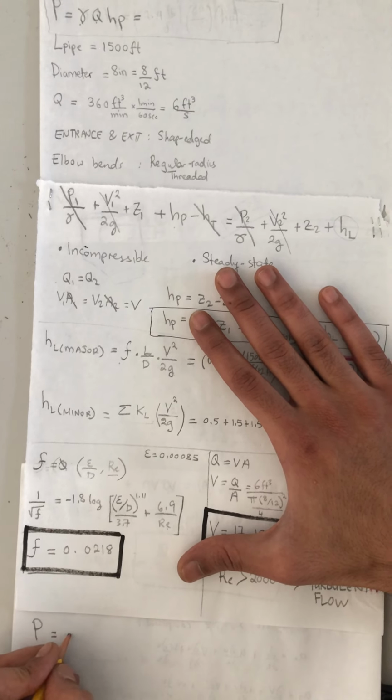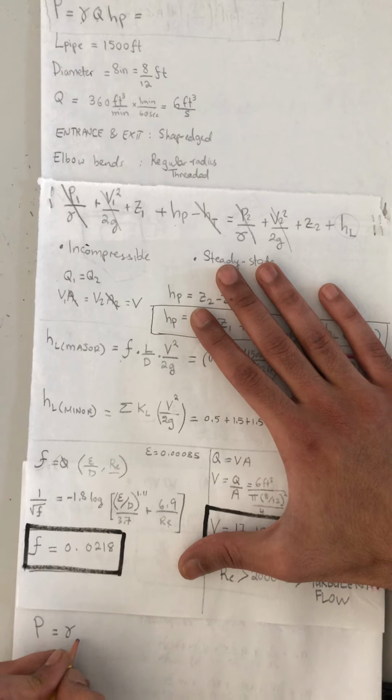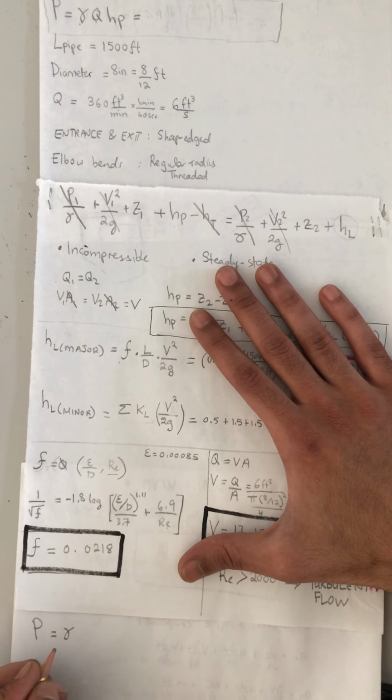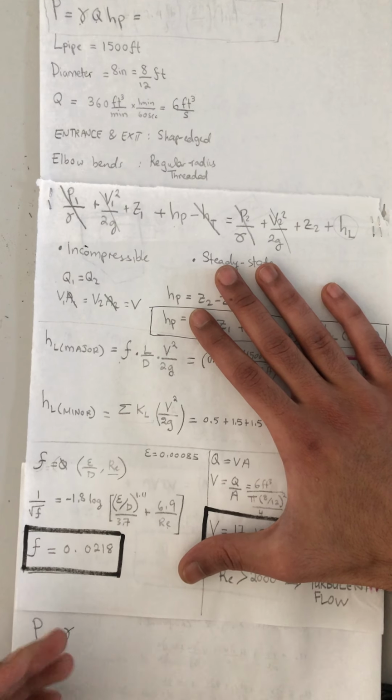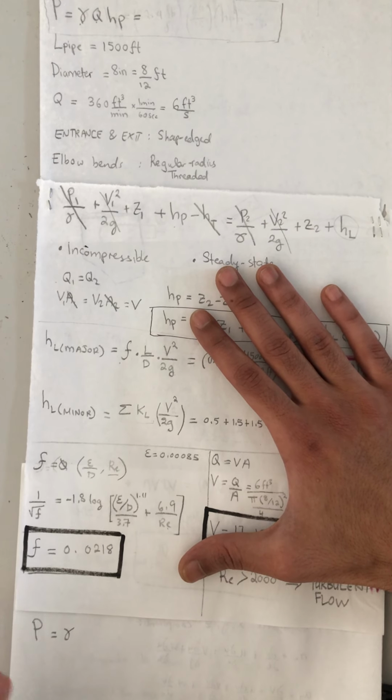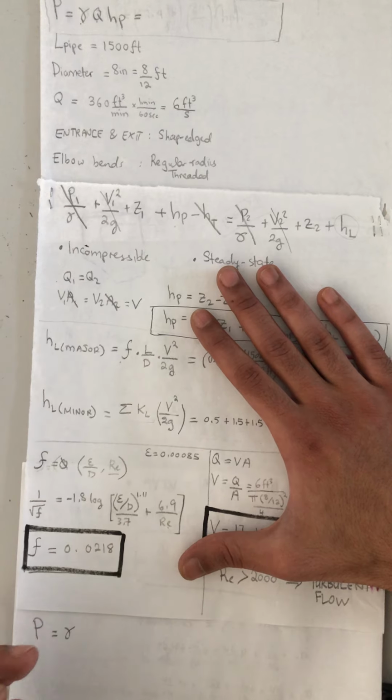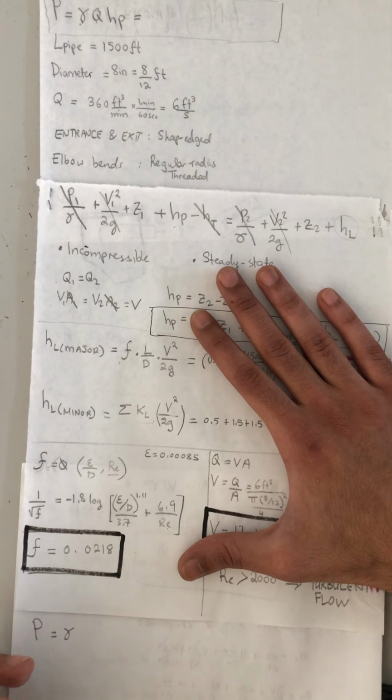Our specific weight of water is a value that can be found in the table in the book. In the case that we are dealing with a different fluid, which is not water, we would have to find the specific weight of that fluid we are working with.